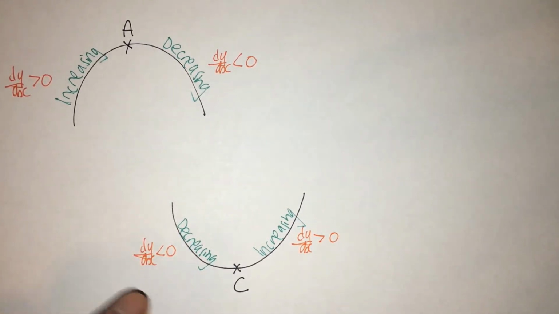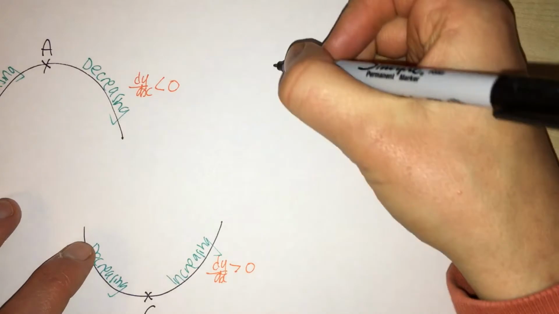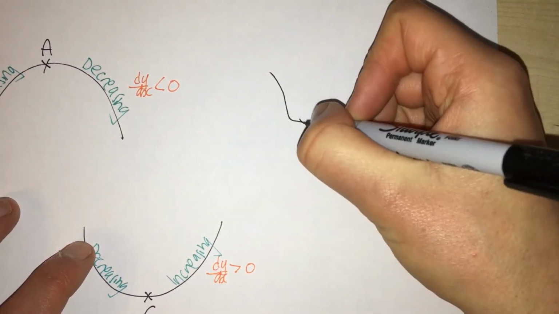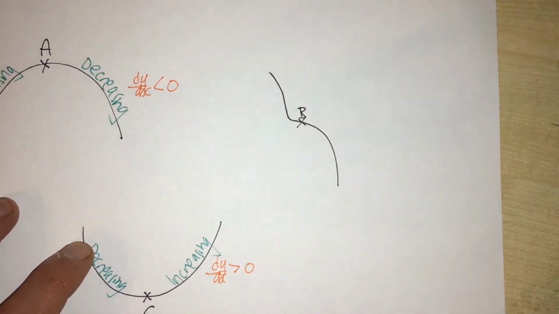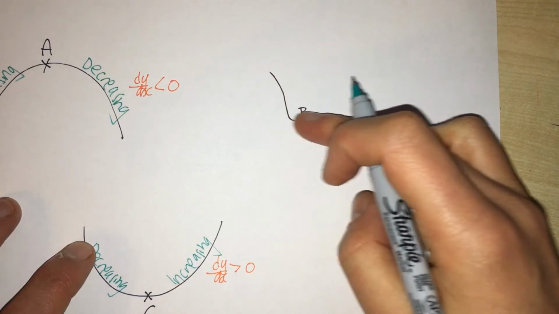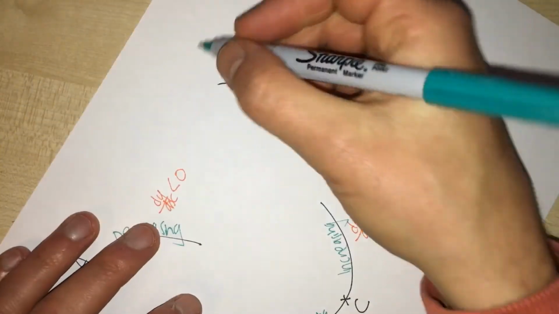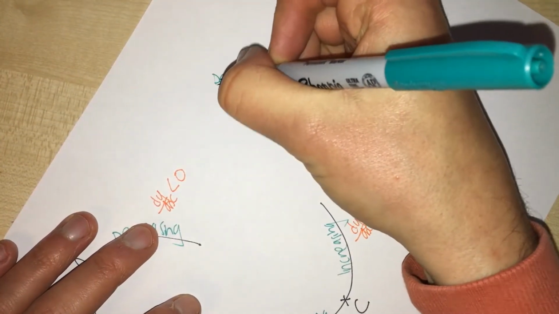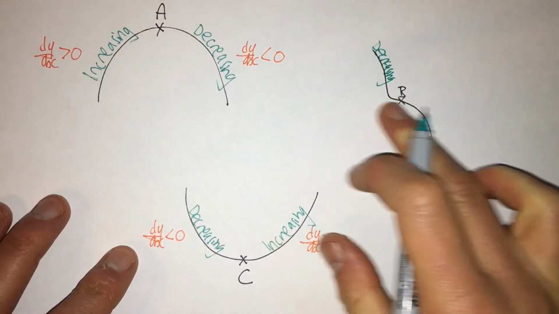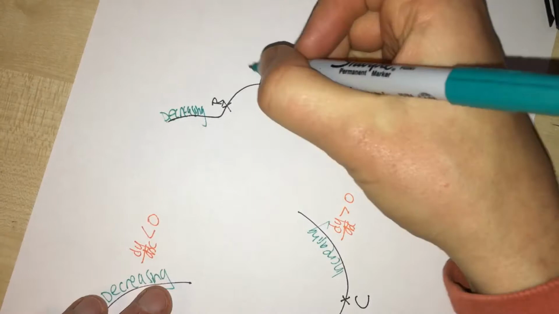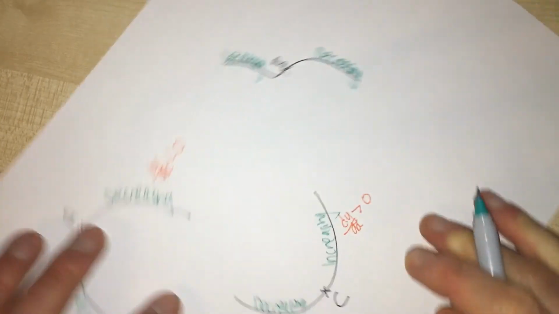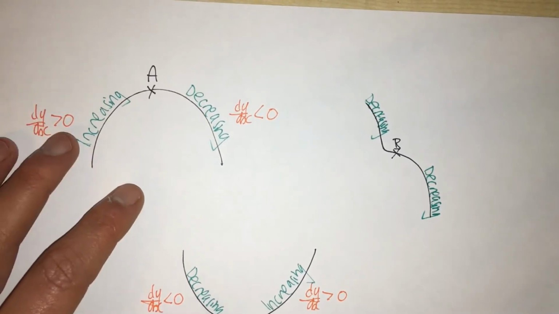Let's look at point B. So point B, it was coming down like this, and then it was like this. And there's B there. Now this is a point of inflection. So the function in the case of point B is decreasing before it gets to point B. Then the gradient of the tangent at B is 0. And then the function's decreasing again after that point.